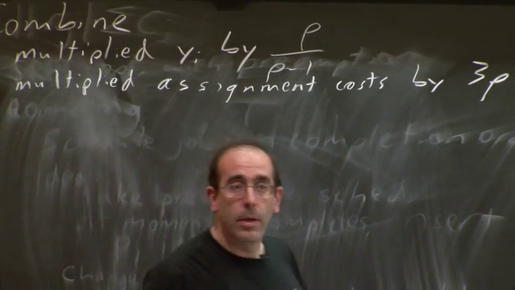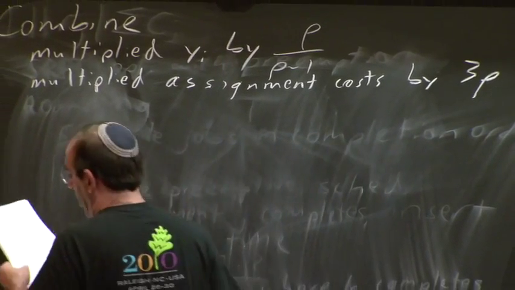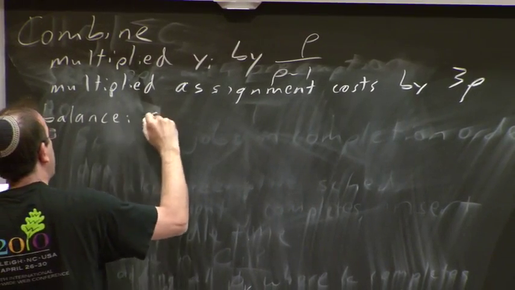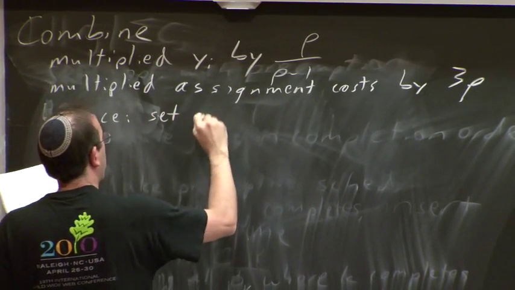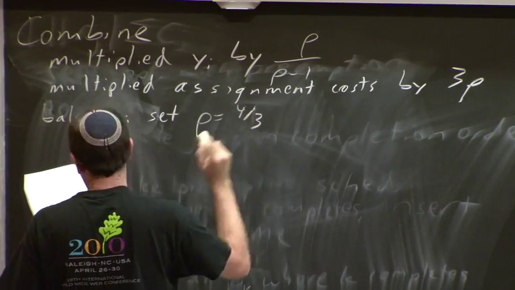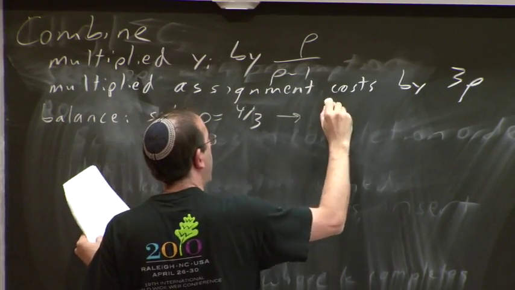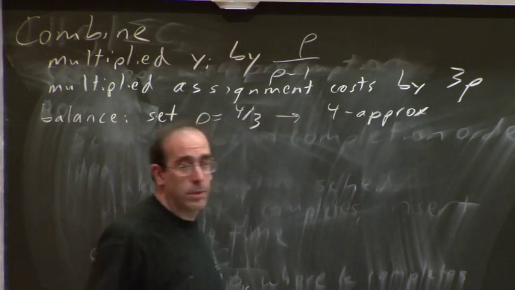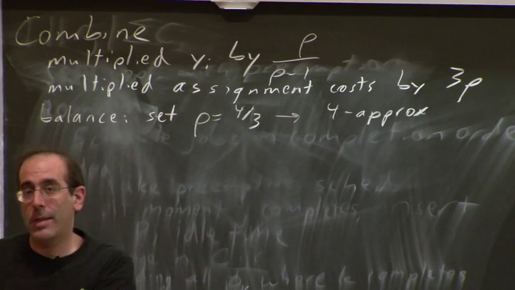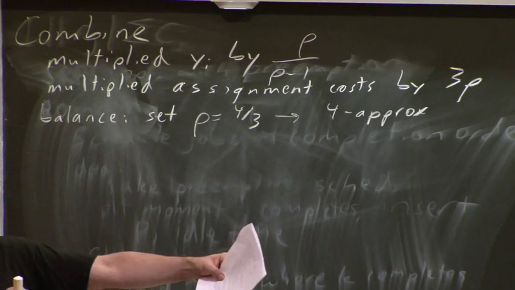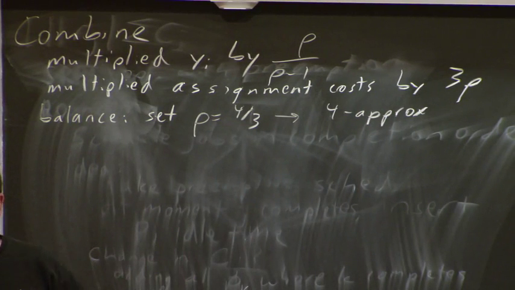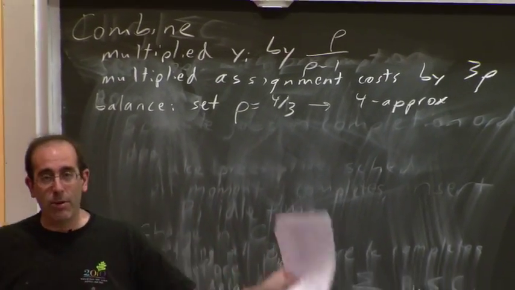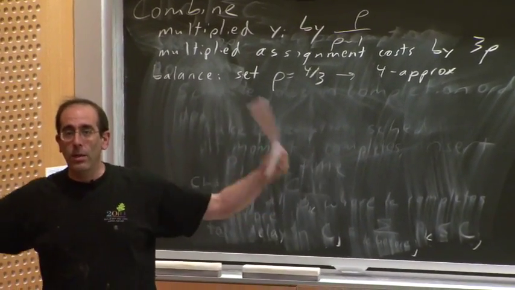And so if I put these together, you balance these by setting rho equal 4/3, and you get a 4 approximation to both the assignment cost and the facility opening cost. And therefore, if you're approximating each of those within 4/3, then obviously you're approximating the total cost to within 4/3.